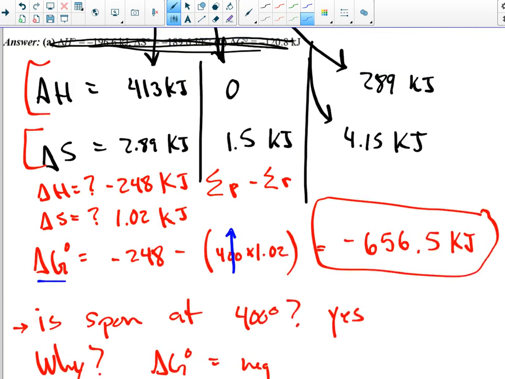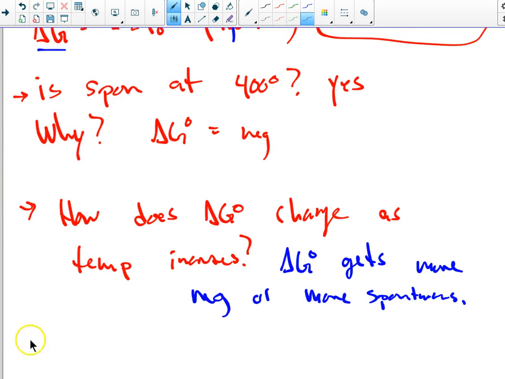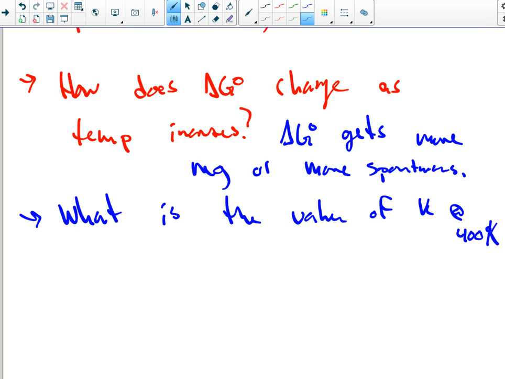Let's see, is there another sliver I can add here? Yeah, what is the value of K at 400? Oh, there's actually not a degree sign on Kelvin. Sometimes I do that.